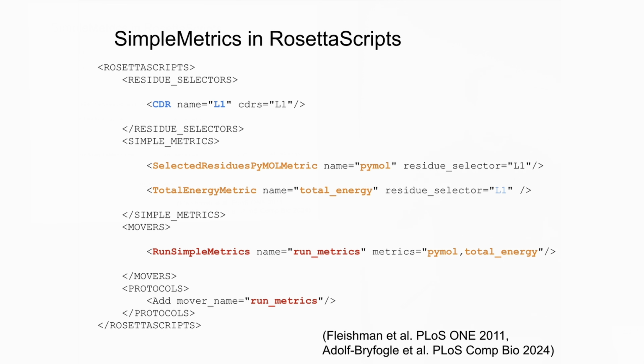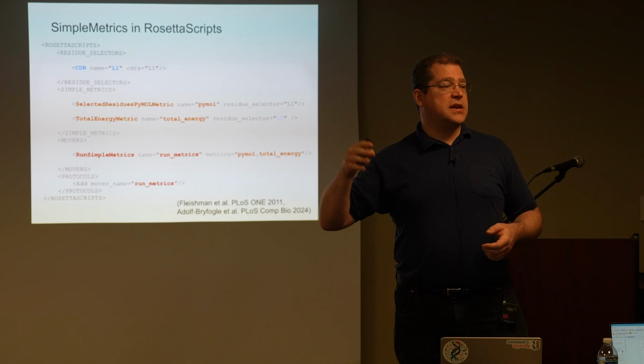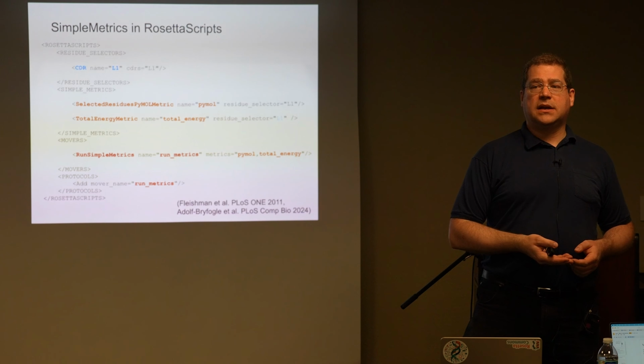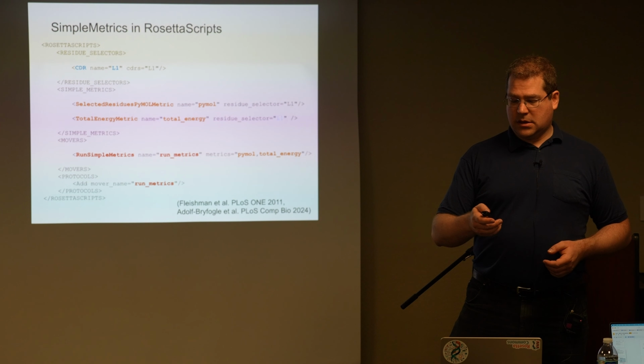For example, the L1 of the CDR of this antibody. There's just this particular loop of this antibody, and I want to sum the energy over all of those residues. And then once you have the SimpleMetrics, there's a run SimpleMetrics mover, which will run these metrics and add the scores to the pose such that they get output when the pose gets output.